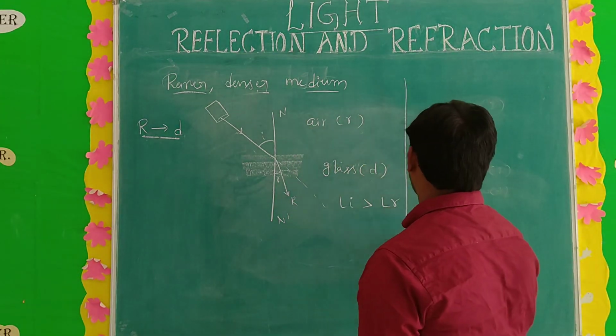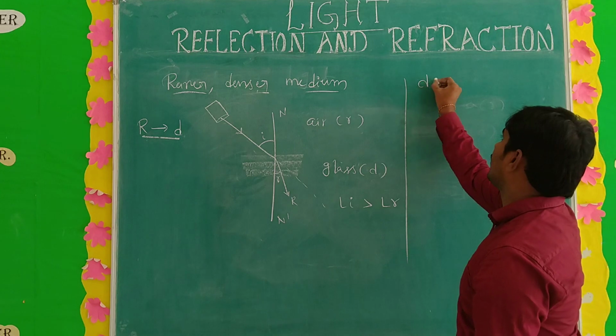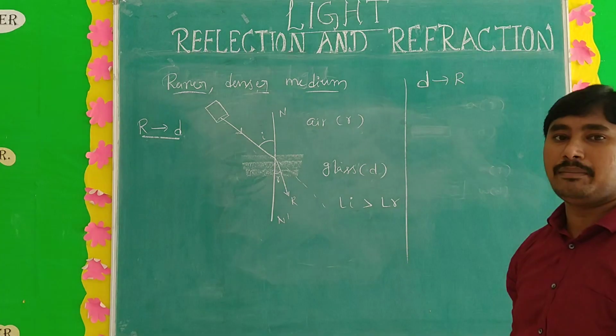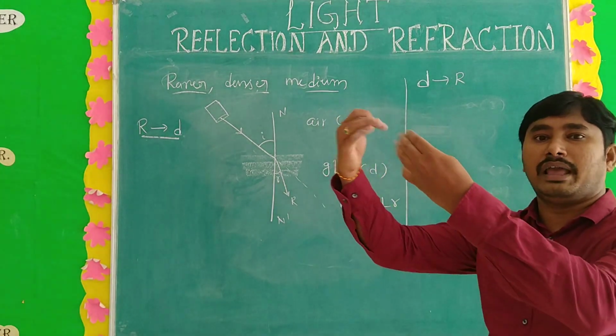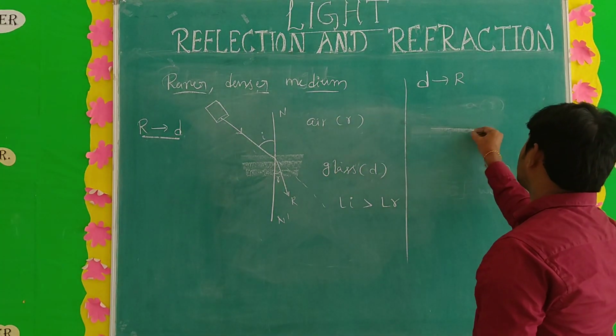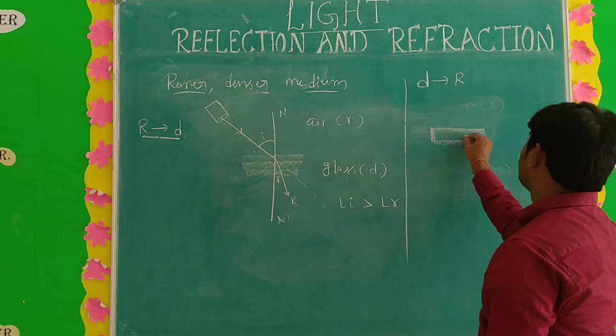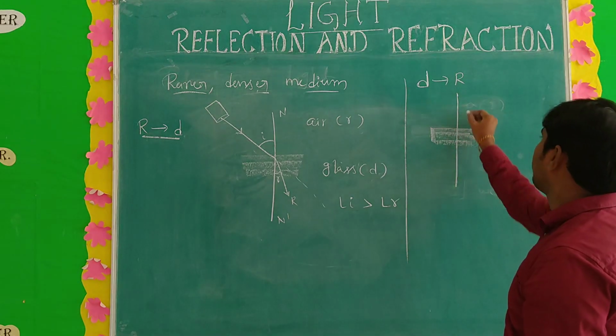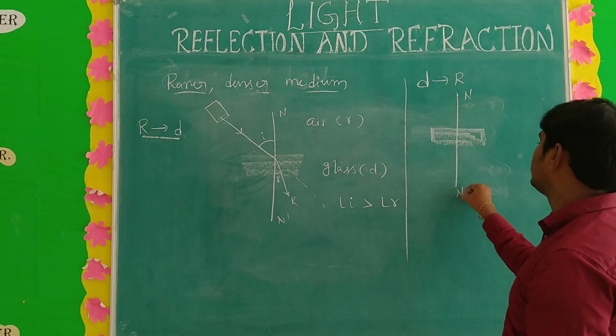Then what about the second case? In case the light ray travels from a denser to a rarer medium, that is, from glass to air. Take this glass. This is the normal ray, N dash.